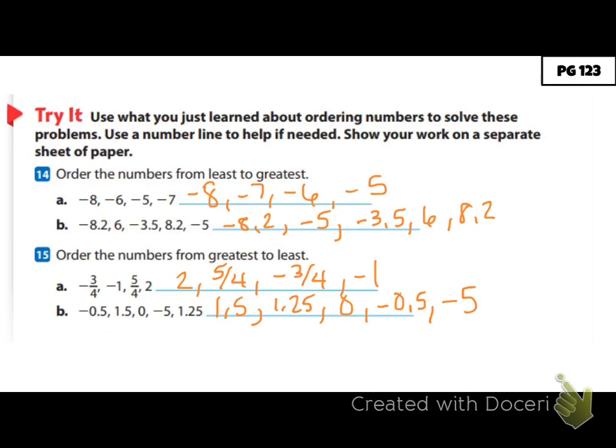For B, it's -8.2, -5, -3.5, 6, and 8.2. For 15A, it would be 2, 5 fourths, -3 fourths, and -1. For B, it's 1.5, 1 and 25 hundredths, 0, -0.5, and -5.